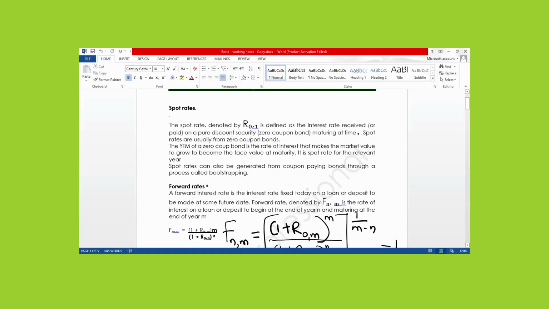The spot rate of a zero coupon bond is the yield to maturity of the bond. The yield to maturity of a zero coupon bond is the interest rate that will make the price of the bond grow and become the face value at maturity.